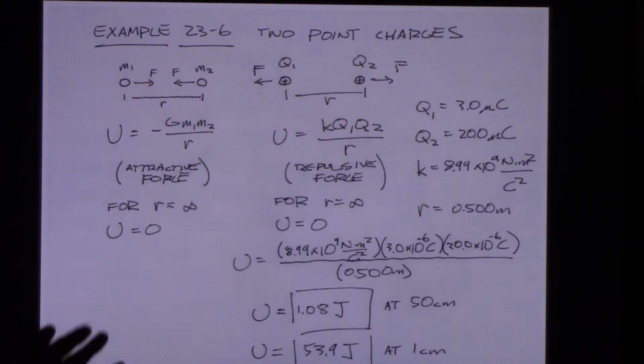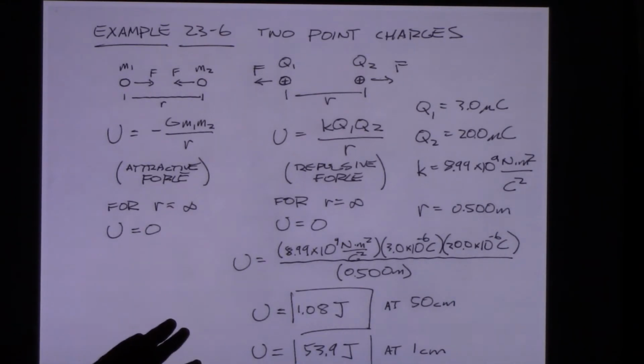So again, when we were looking at the vector quantities, electric force, electric field, we did pay close attention to the charges, and we drew a diagram, and we labeled all the directions based on the plus and minus signs on the charges.